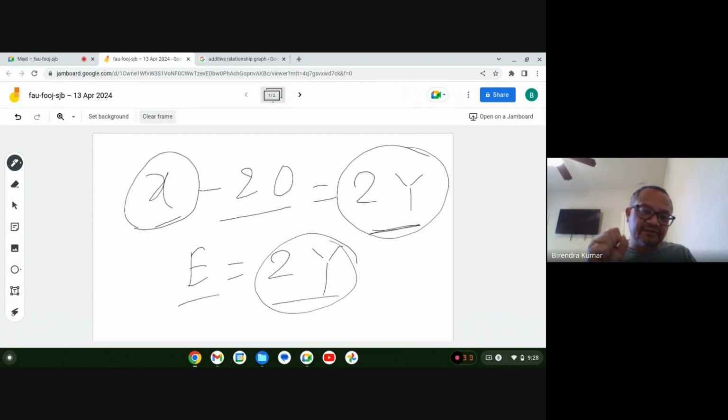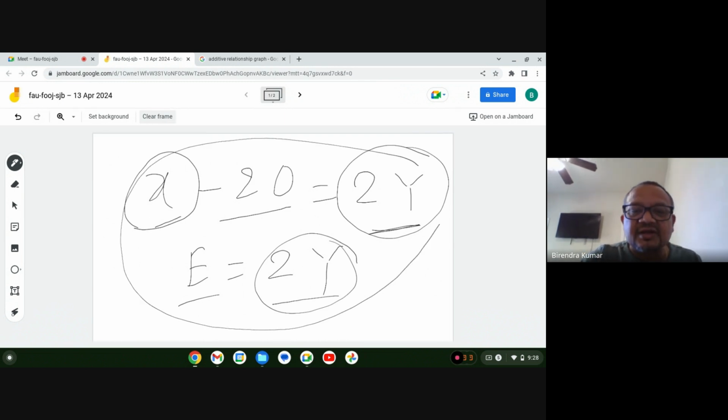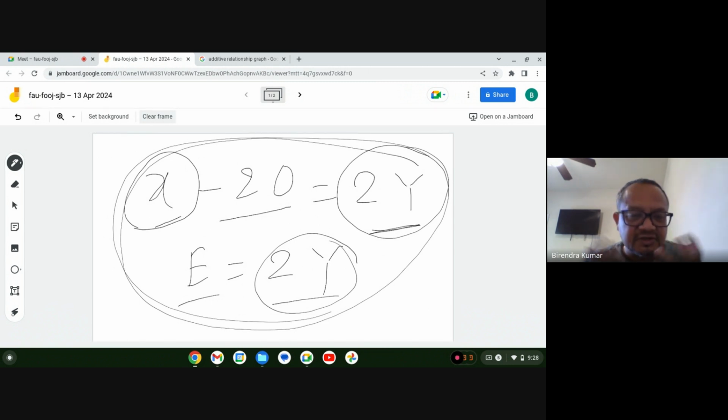So all that we do, converting a story into an equation, is what you will probably deal with as part of additive or multiplicative. And it is not limited to that. You will do a lot of subtraction. You can do division also. You'll say, okay, whatever money I have, divide that by 3, and then whatever is remaining is $20 more than my neighbor. That is also a story.